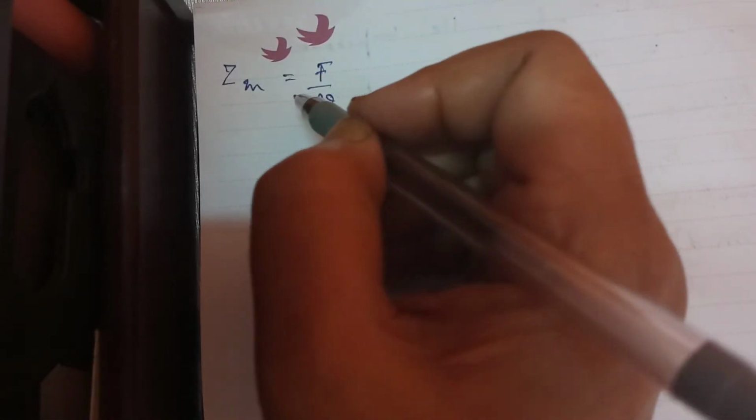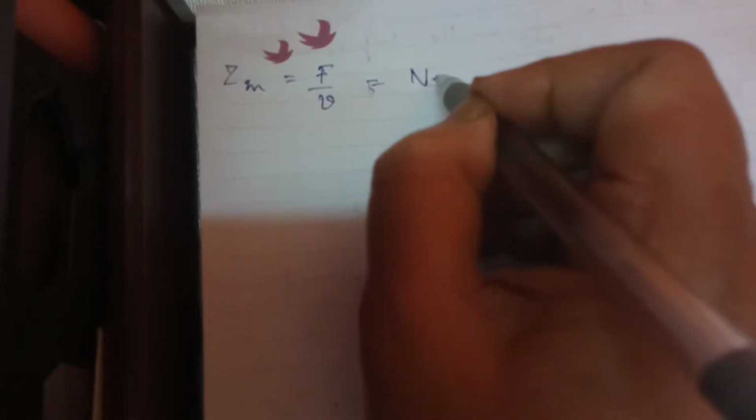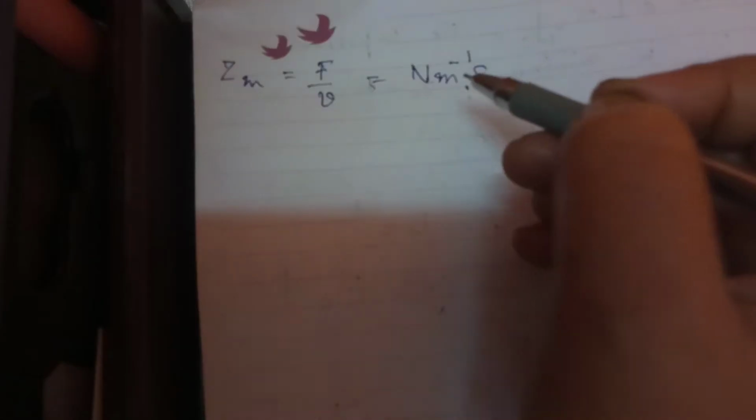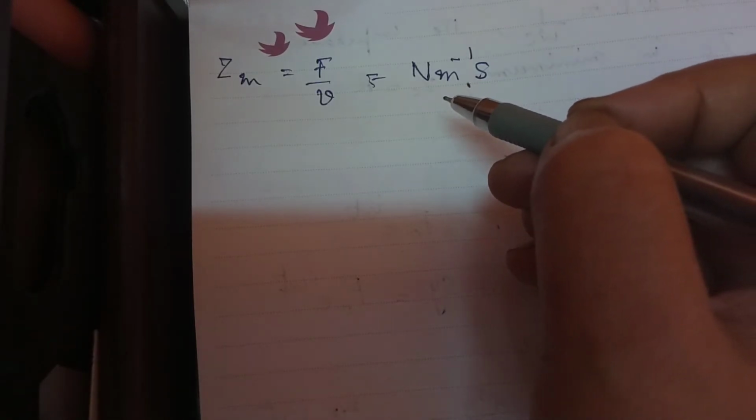Okay, and what will be the unit of this? It will be Newton second per meter. Alright, that is your mechanical impedance of the oscillator.